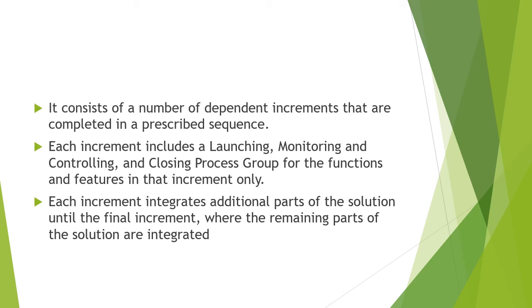It consists of a number of dependent increments that are completed in a prescribed sequence. Each increment includes launching, monitoring and controlling, as I said before, and the closing process group for that particular iteration. And when we finish all the iterations, that's when we finish our project as well.